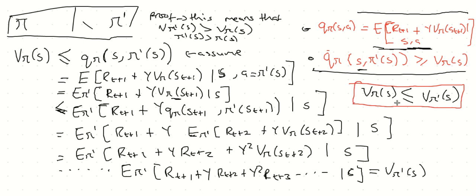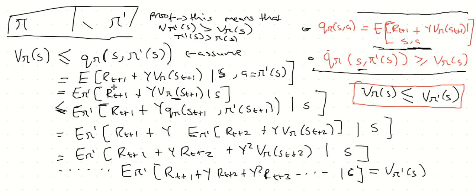So if the value function for pi prime is greater, that means that pi prime itself, the policy, should be better. That's what the policy improvement theorem is basically saying in a nutshell, right? So with that, I'll move on to the next step.